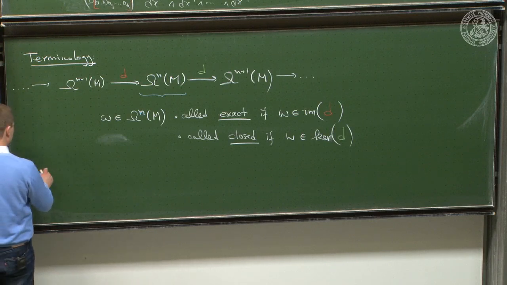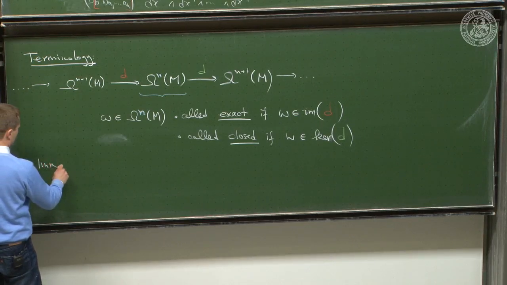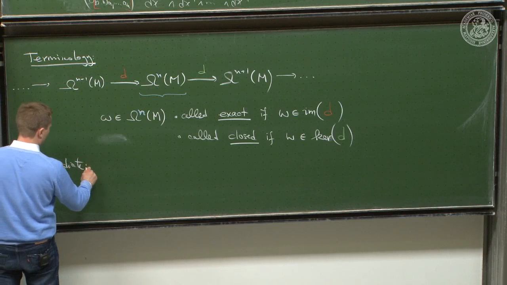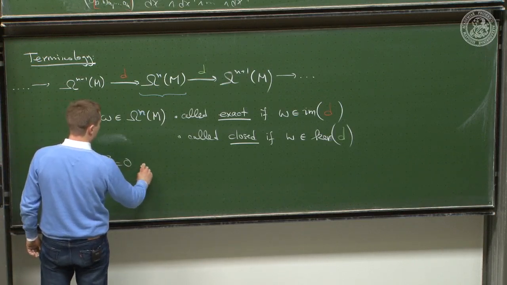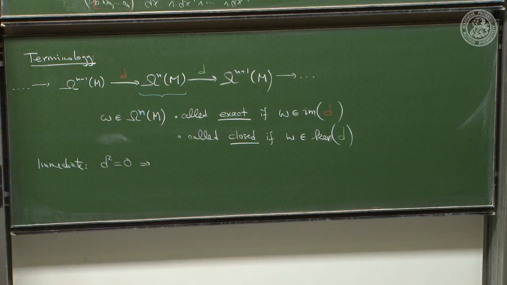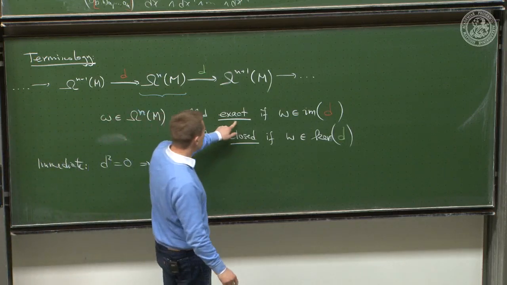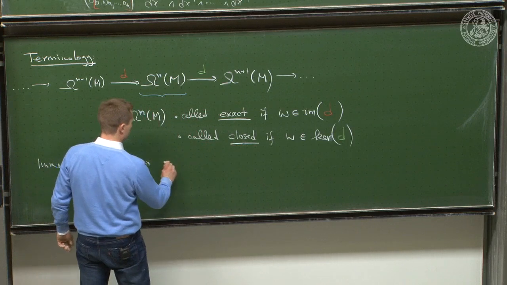Well, it's immediate that d squared equals 0 implies, or rather here, image d in the kernel means every exact form is closed.